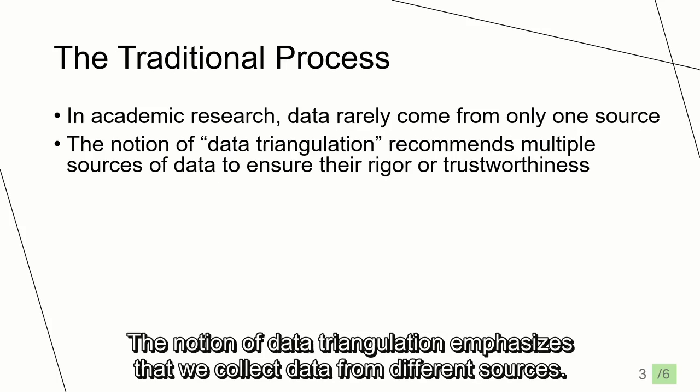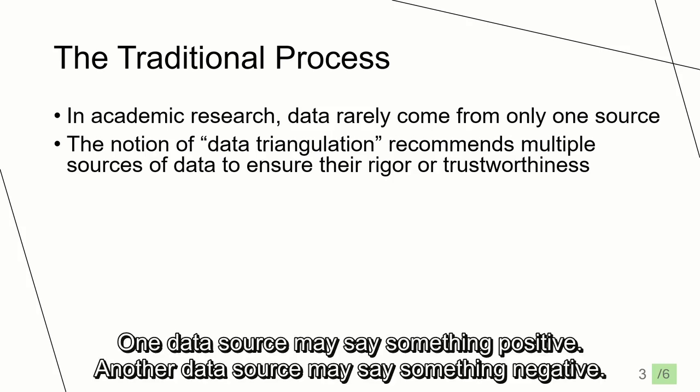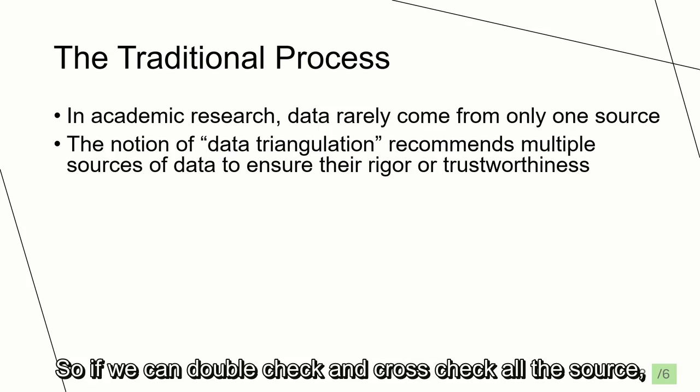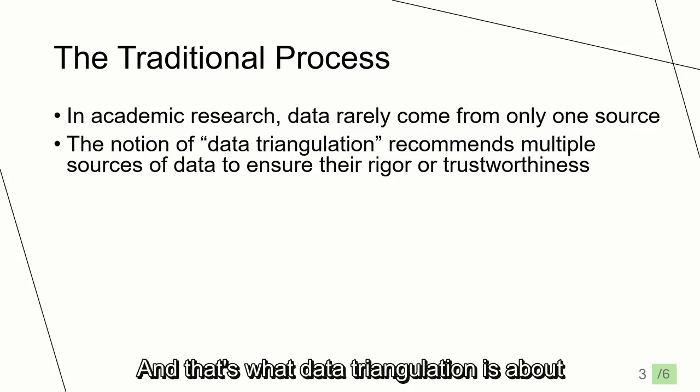Data triangulation emphasizes that we collect data from different sources so we can double check, or triangulate. One data source may say something positive, another may say something negative. If we can cross-check all the sources, maybe we can find better, more robust findings, and that's what data triangulation is about.